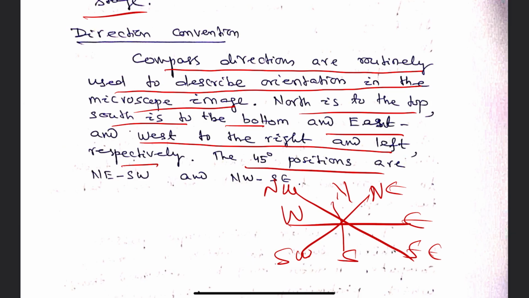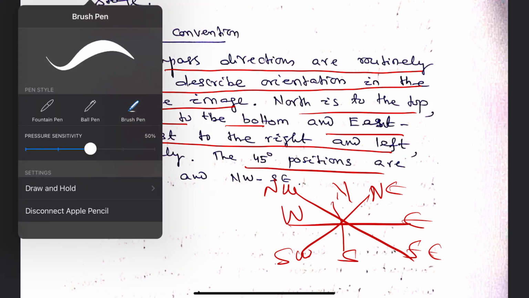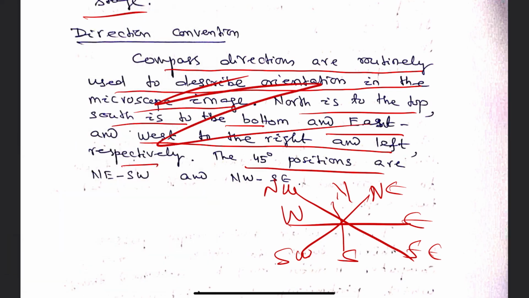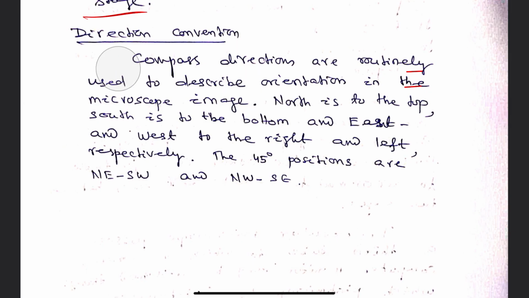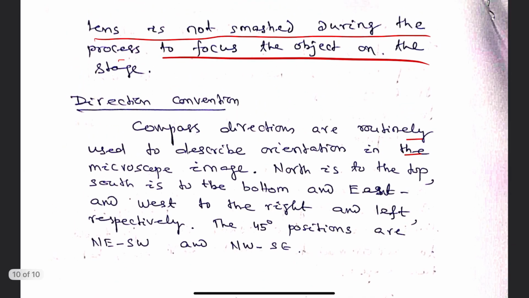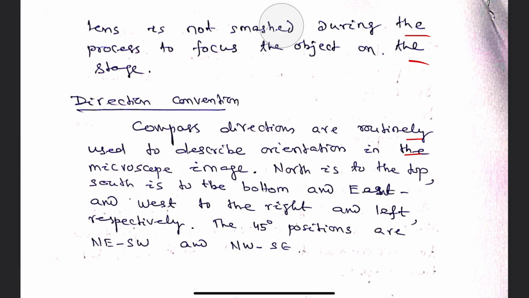This is all about the petrological microscope, which is used to study rocks and minerals under the microscope. This is a refractive microscope, because refraction takes place. Light passes through the mineral on the stage, comes up, and is observed either in plane polarized light or in crossed nicols condition.